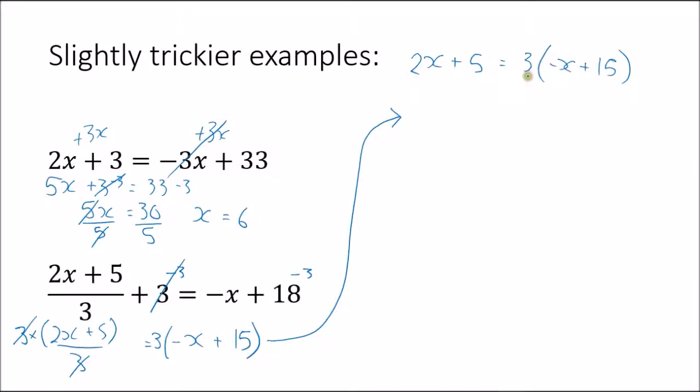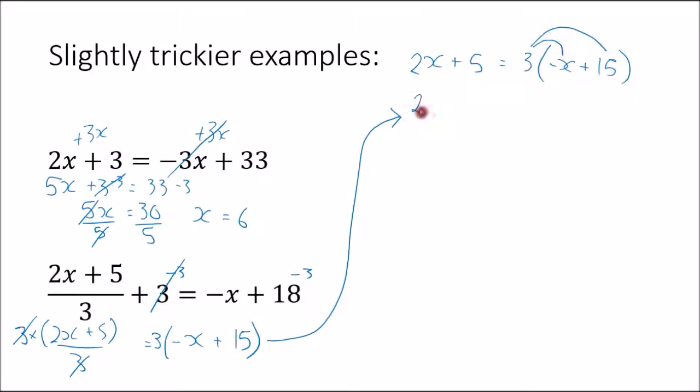And when you were looking at algebra, we were expanding brackets quite a lot. So my next simplest step is to expand this bracket. And you remember from algebra that we're going to use our crab claw or some other technique to make sure we expand this properly.